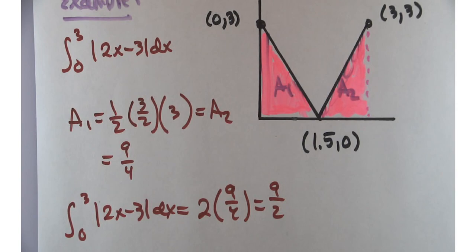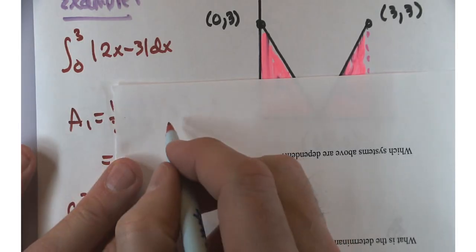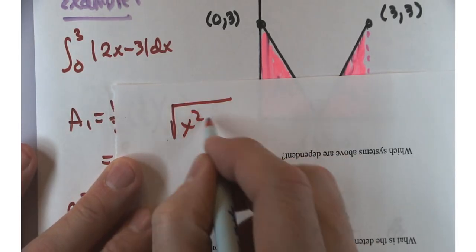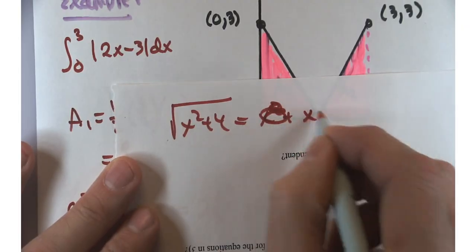Now there are some properties of integrals that are really nice. That doesn't always work in mathematics. A lot of times things that you would like to be true aren't true. I'll give you a few famous ones, at least famous in my mind and those of other math instructors. It'd be nice if the square root of x squared plus 4 was x plus 2. But it's not.